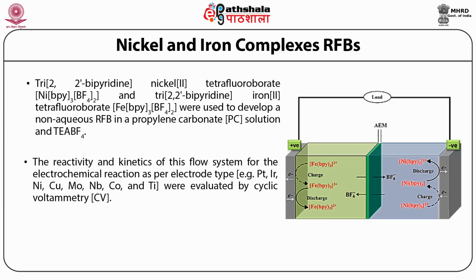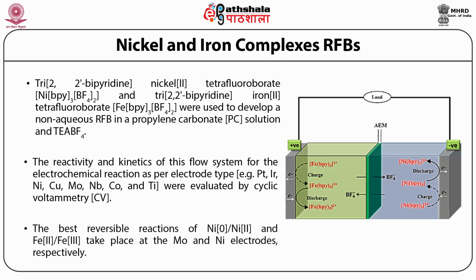For example, platinum, iridium, nickel, copper, molybdenum, niobium, cobalt, and titanium were evaluated by cyclic voltammetry or CV. As shown in the figure, the best reversible reactions of Ni0/Ni2+ and Fe2+/Fe3+ take place at the molybdenum and nickel electrodes respectively.